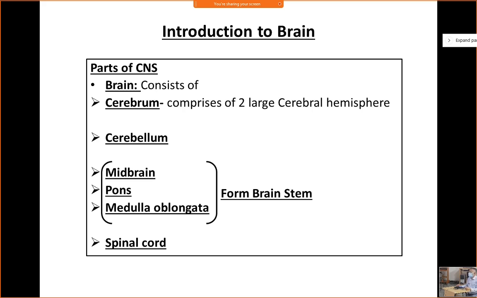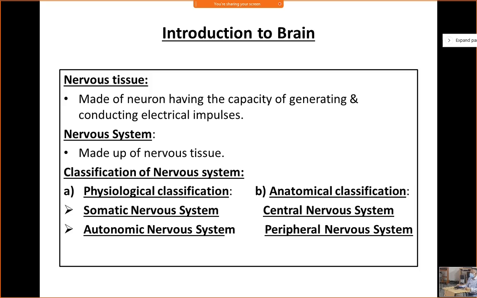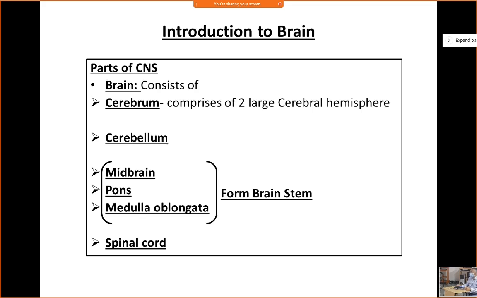Now come to the CNS. That is our main topic; I am confining myself to the anatomical part. So what are the parts of the central nervous system? Brain, which consists of cerebrum, cerebellum, midbrain, pons, medulla oblongata. The last three structures, midbrain, pons and medulla, all together we call the brain stem.